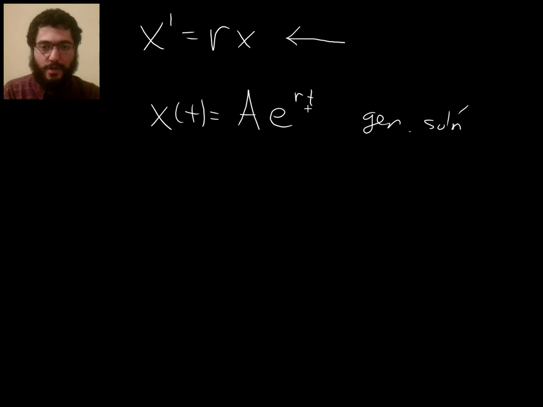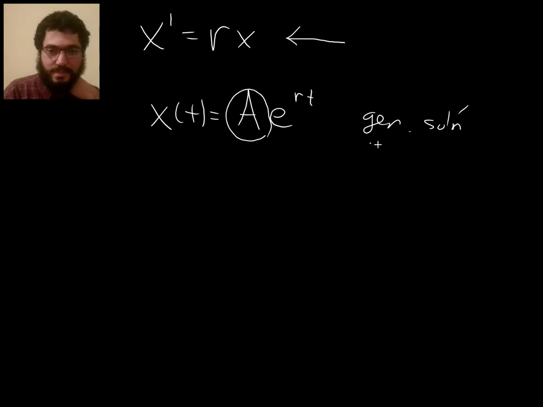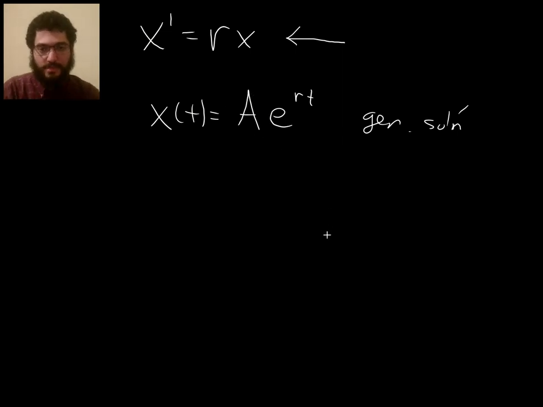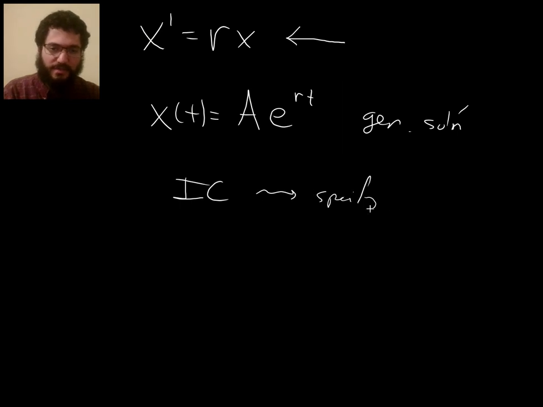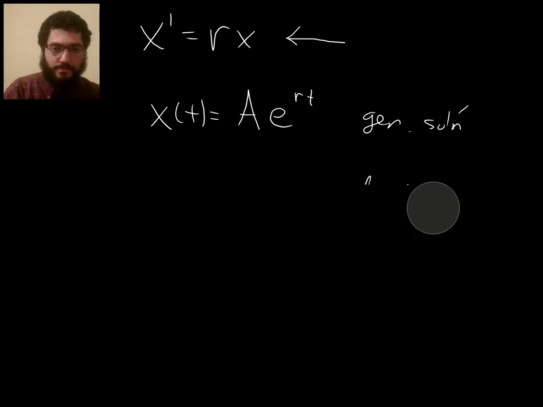But it also has this parameter a, which is what makes it a general solution. That parameter a helps us describe the family of all solutions to the original differential equation. If I give you an initial condition, then that will specify a, but it will not specify r. R is just a parameter in the overall setup.